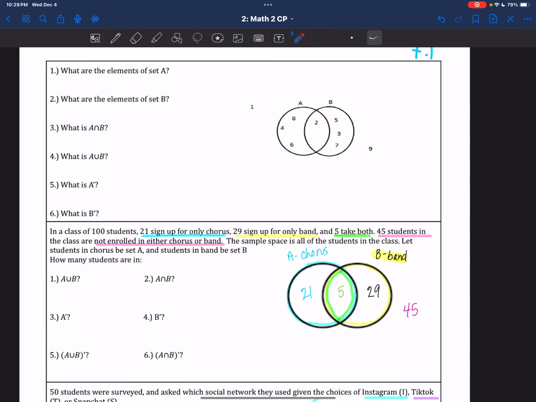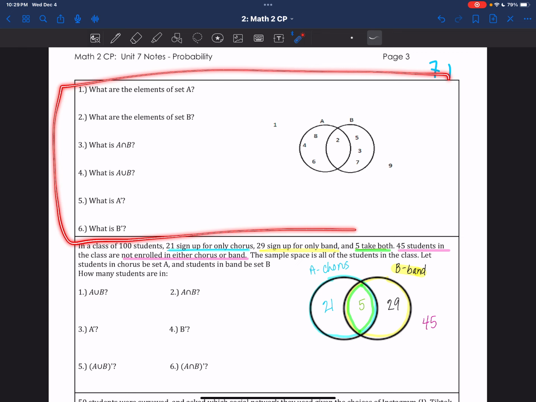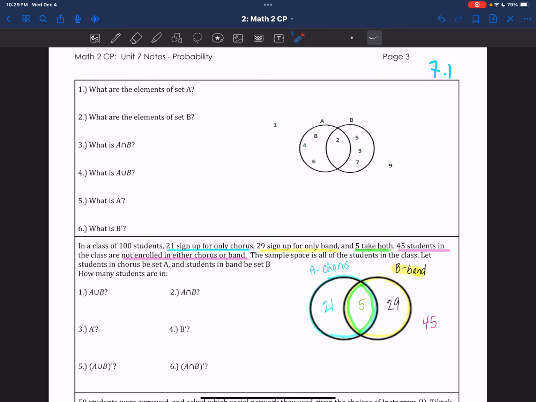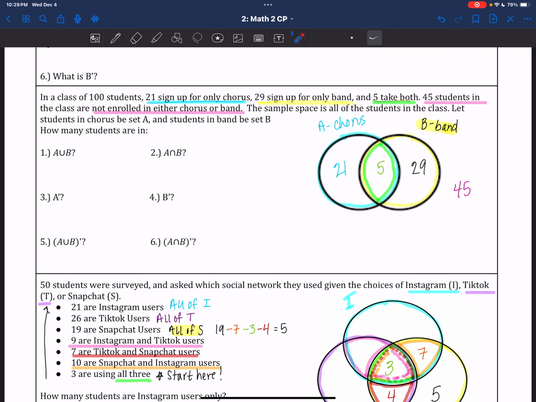All right, so now what I want you to do is this is a Venn diagram right here, and you do have a couple numbers outside, so make sure you're careful with those. You're going to do this problem using the examples we did before. Now on this one, I got you started with some color coding. And it says in a class of 100 students, so all of this should equal 100 total, if we did it correctly.